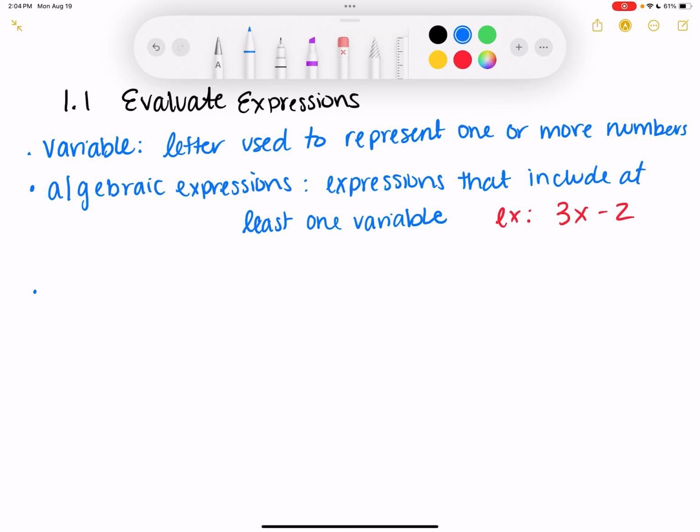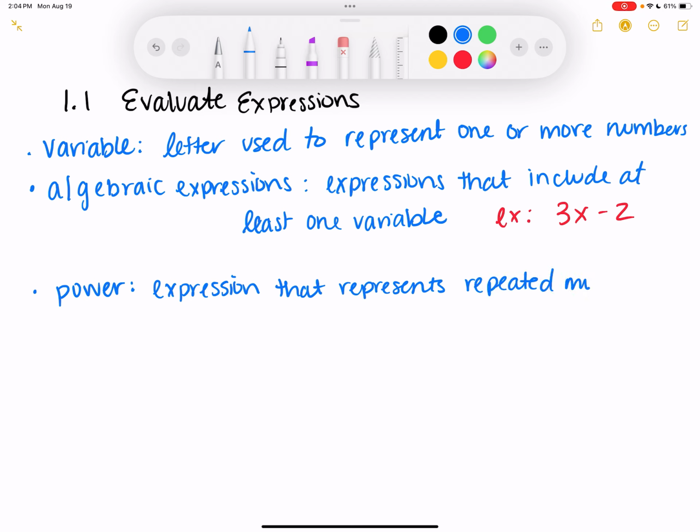We also have some exponent stuff in this section. So a power is an expression that represents repeated multiplication of the same factor, and I'll show you an example of these three terms I'm getting ready to write in just a second.